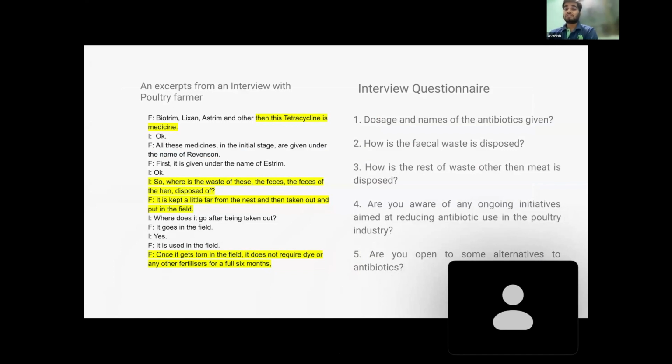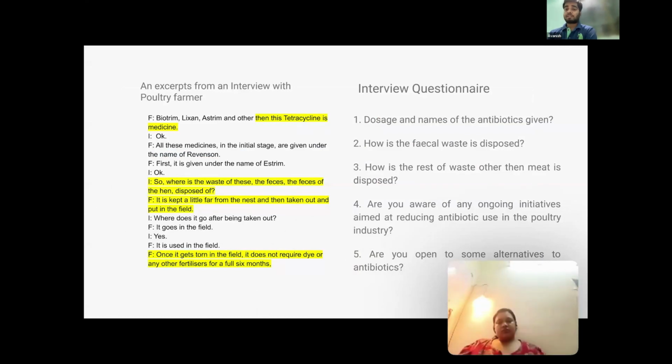He says that it goes to the field, and he claims that once this manure goes to the field, it doesn't require any more fertilizer because it is so powerful. He mentions a lot of antibiotics like biotrim, lixin, asterim, and tetracycline.